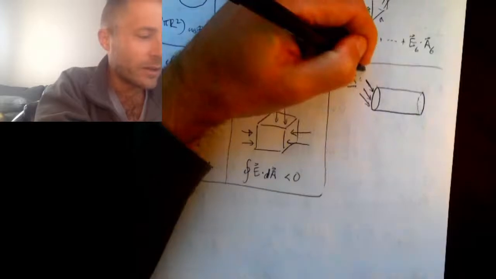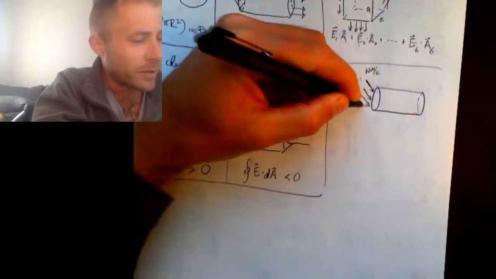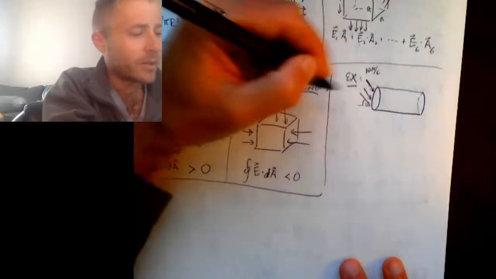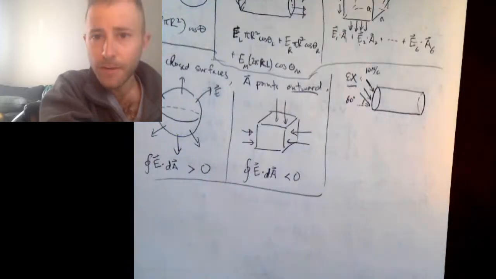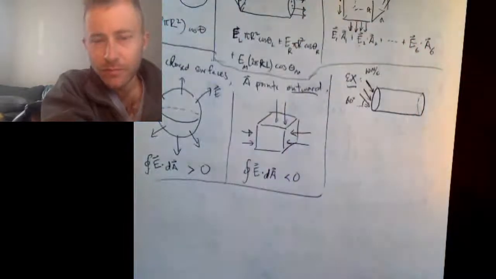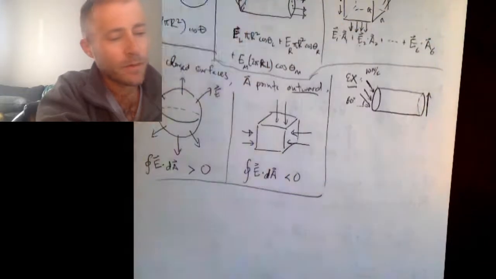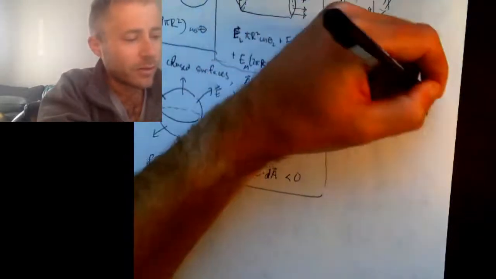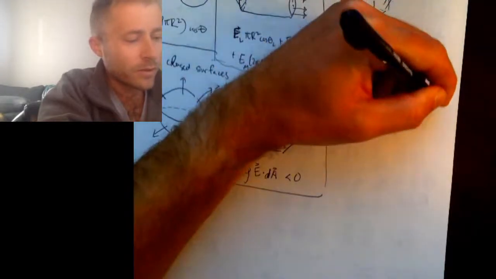Let's say this is a 10 Newton per Coulomb electric field right here, and it makes an angle right there of 60 degrees. Then along this edge of the cylinder, we have an electric field that points up and down, and let's suppose that electric field has a size of 300 newtons per coulomb.